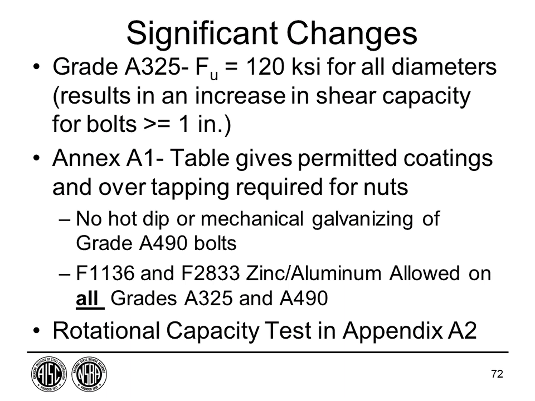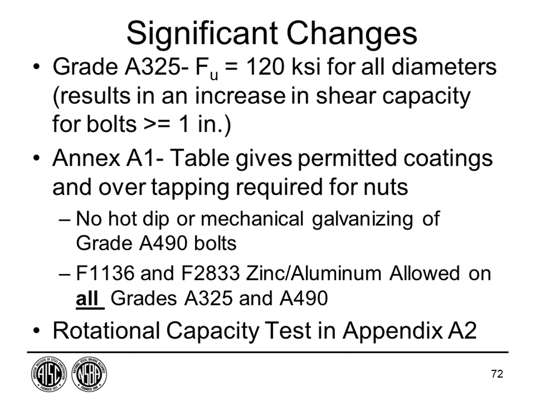There's also in Annex 1 a table giving the permitted coatings and overtapping requirements for nuts. In the bridge area, generally what's happening is on painted bridges, galvanized fasteners are being used. This is to help out in terms of corrosion protection.